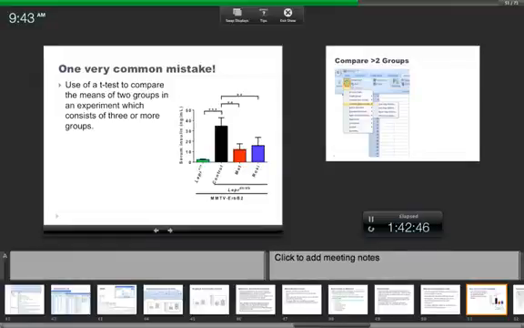For example, here is an experiment that has 4 groups of animals. This is a group of animals that has a wild type leptin receptor. This is a group of animals that have the leptin receptor mutation and they're homozygous.